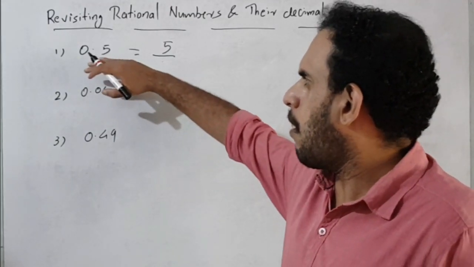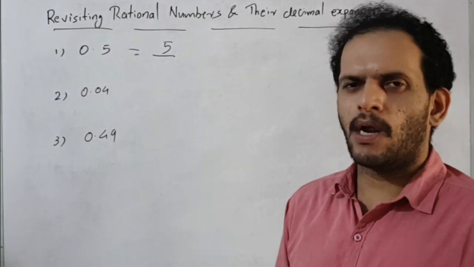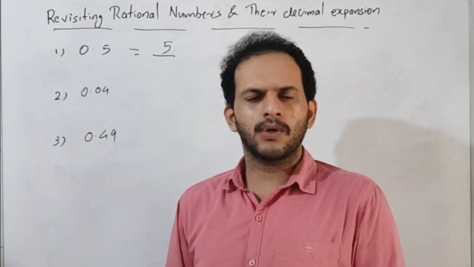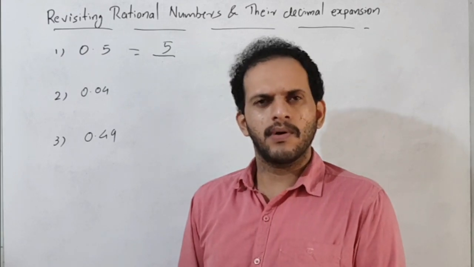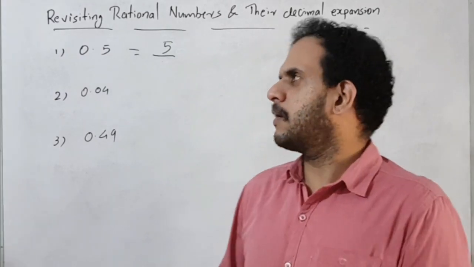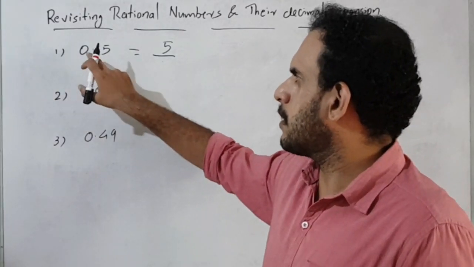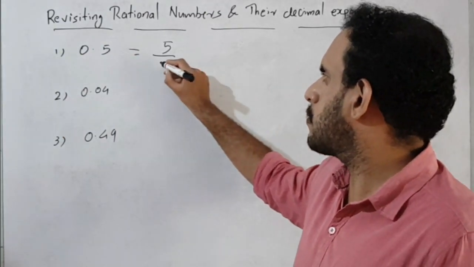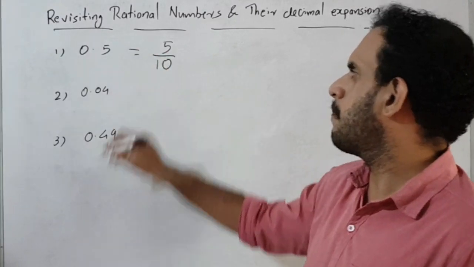So all the decimal expansions can be converted into the form of a fraction or p by q. The denominator should be 10 or a power of 10. Here we put the decimal point after 1 digit, so the denominator contains how many zeros? 10. Then 5 by 10.